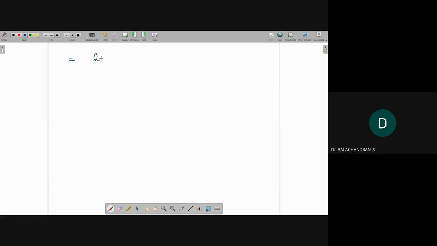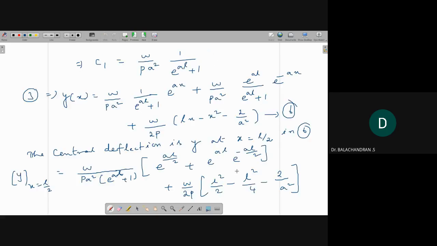So 2 times omega e power AL by 2 divided by P square into e power AL plus 1, okay, plus omega by 2p into L square by 4 minus 2a square.